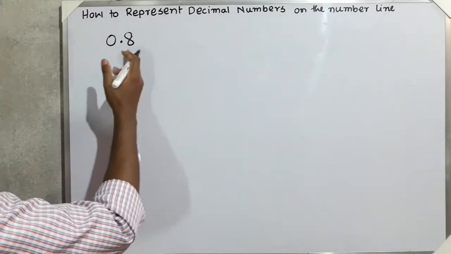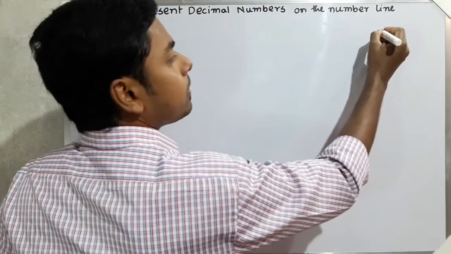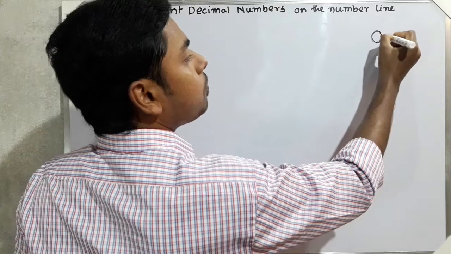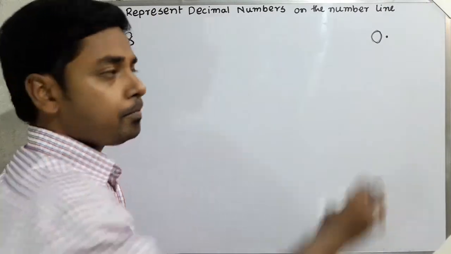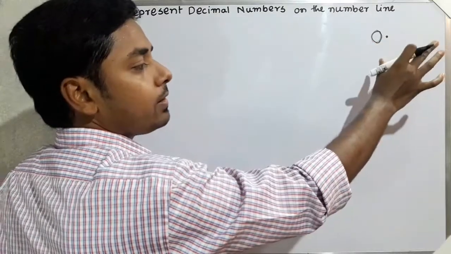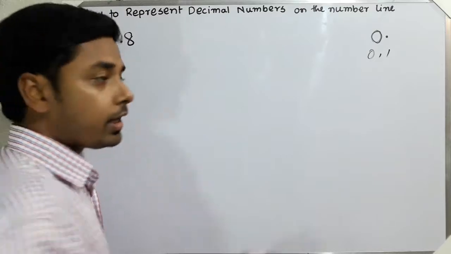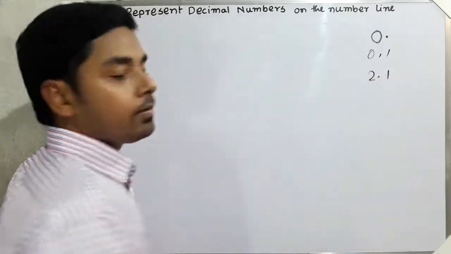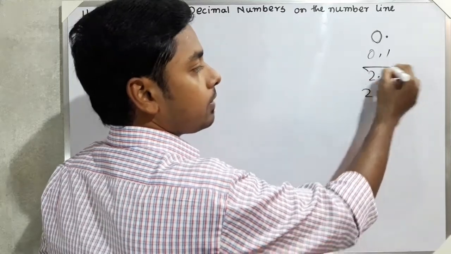How we can tell that this number is lying between 0 and 1? If any number is there which is in the form 0 point something, 0 point anything, this type of number will always lie between 0 and 1. Suppose 2.1, this number always will lie between 2 and 3.